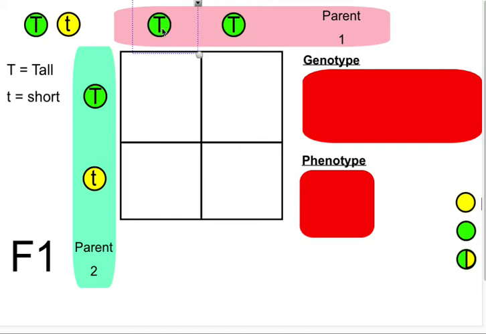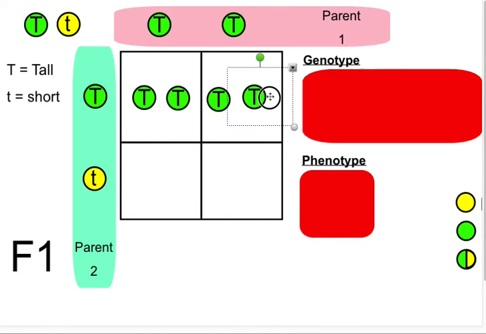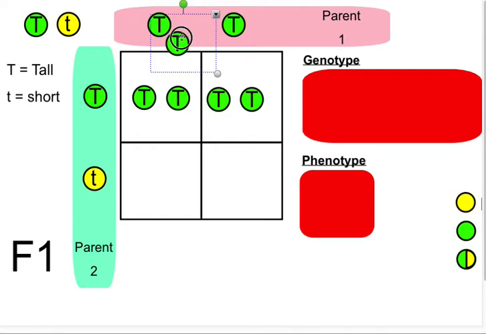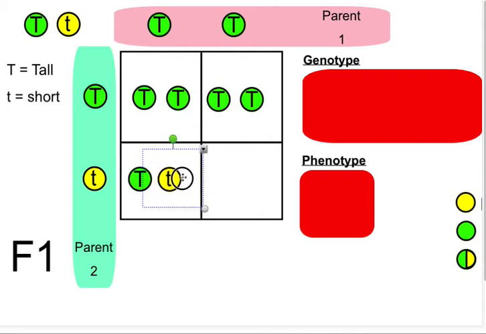If this egg meets this sperm, we end up with capital T, right? If this egg meets this sperm, again, we end up with capital T. But what if this egg meets this sperm? Well, then we end up with capital T, lowercase t.